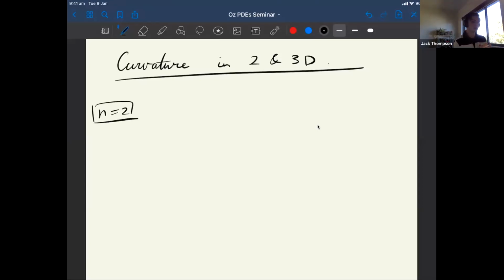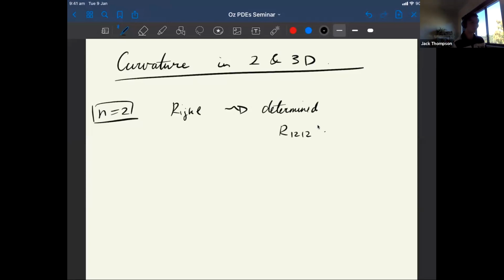In 2 dimensions, our Riemannian curvature has only one independent component. The Riemannian curvature tensor has 16 components, and most of them are going to be 0. In fact, we can find that it's determined completely by knowing this one component here.